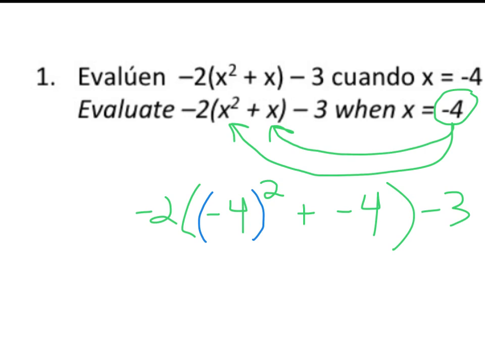According to PEMDAS, we start within these parentheses. Within those parentheses, we have exponents, which comes next. So -4 squared is -4 times -4 makes a positive 16. Bring down the rest of the expression.